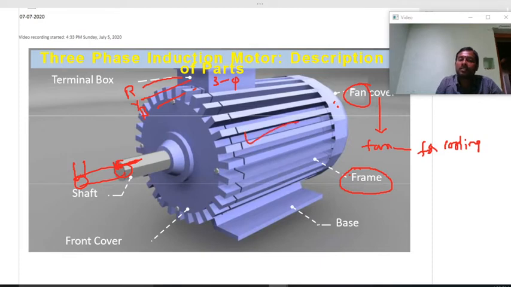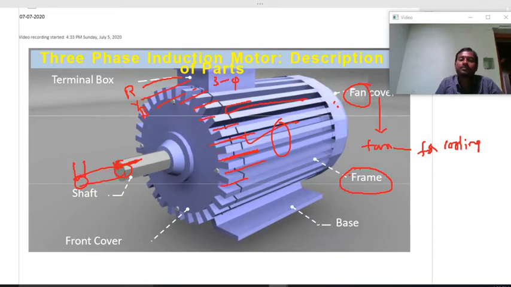You can also see these slots, just like laminations, where gaps are there. These provide cooling, so natural air can flow easily and the machine cannot be overheated, because natural air flows through these gaps and is ventilated.